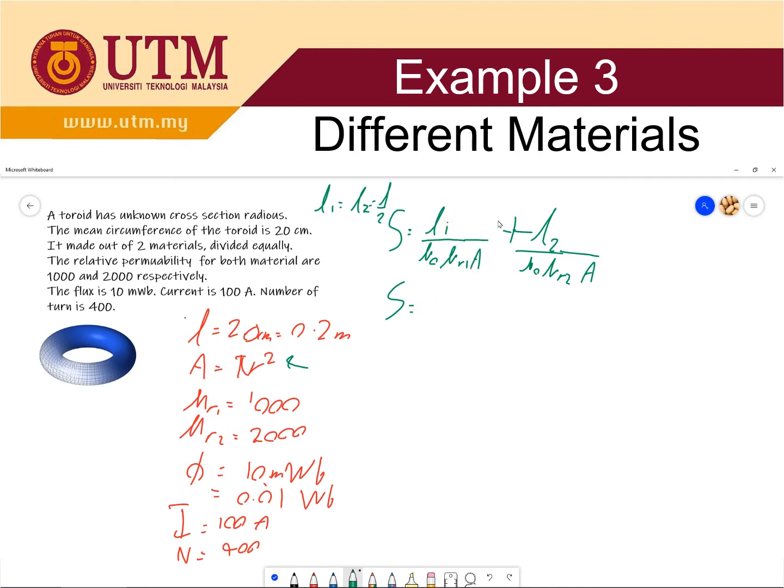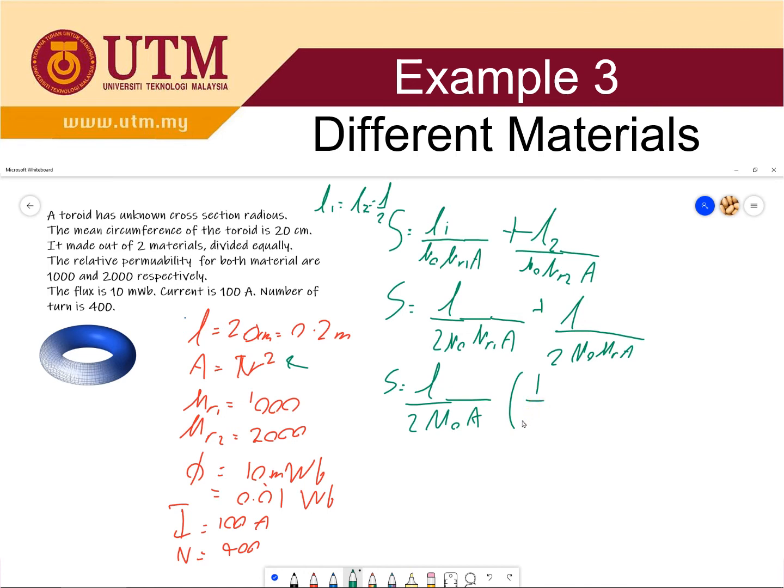So you can see here, L divided by 2 mu naught mu r1 A plus L divided by 2 mu naught mu r2 A. Again, I suggest you simplify first. So L over 2 mu naught A, times 1 over mu r1 plus 1 over mu r2.